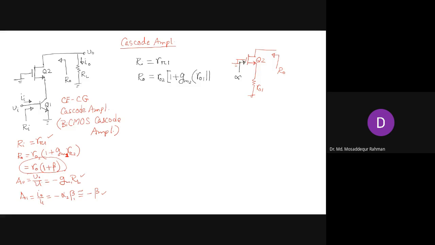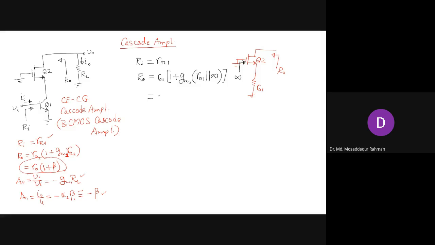And if you look from the gate side in the MOSFET, the resistance is infinite because it is open, as I said. So instead of R pi, you have infinite resistance. So r naught 1 in parallel with the infinite resistance that you see looking into the gate. So that will be our expression for the output resistance.